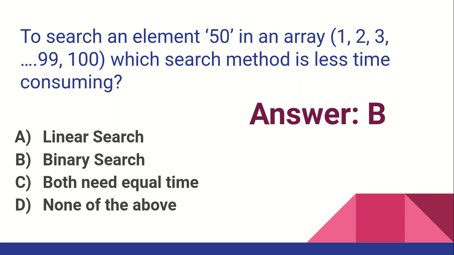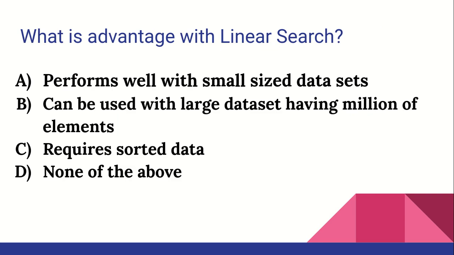Now let's see the next. What is the advantage of linear search? Its time complexity is high, and if the data set is large, then obviously the time complexity also goes on increasing.